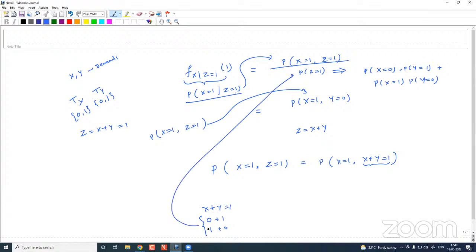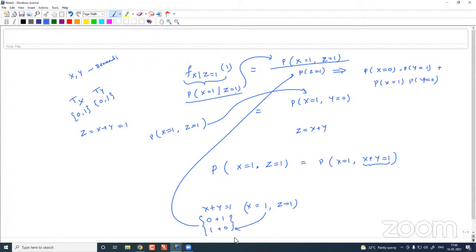But for joint density, when my x is taking value 0 or when my x is taking value 1, which of these two conditions should I take, or should I take both? The second one. Which one? This one, right?